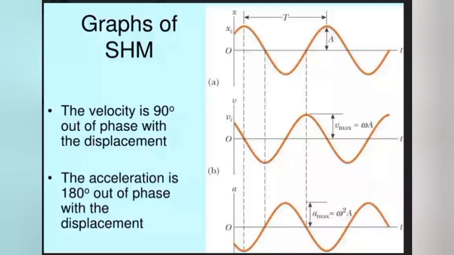We've drawn the displacement graph now. It starts from x1, going down to O, coming down as low as minus x1. That's the displacement time graph. Now for the velocity time graph, you draw the same way as your x graph, but in place of x1 you write v1, and in place of minus x1 you write minus v1. This graph starts from O. O will be its starting point.